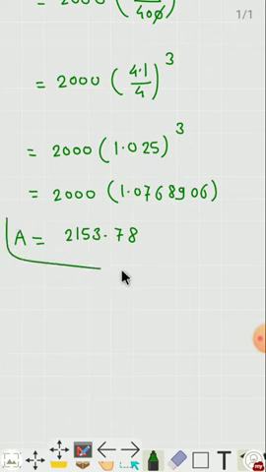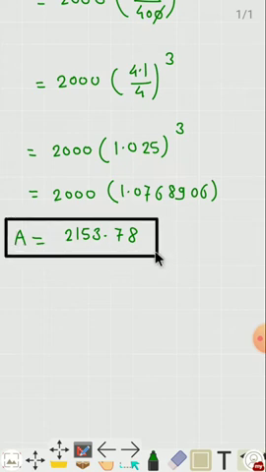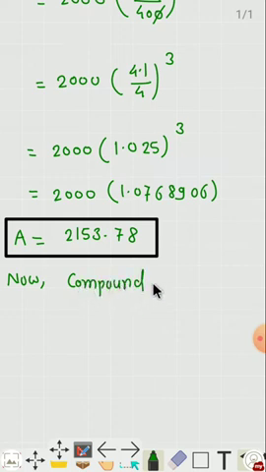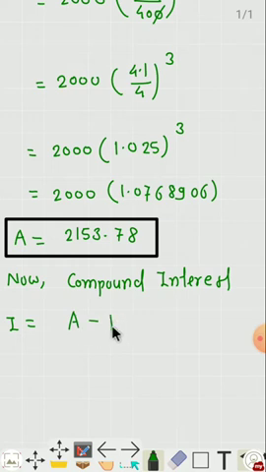This is the amount which we get after 9 months, and the compound interest is given by I is equal to total amount minus principal.